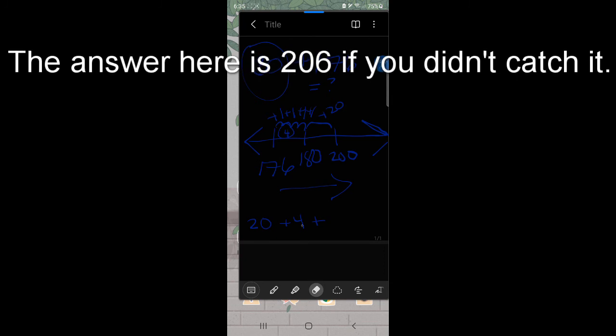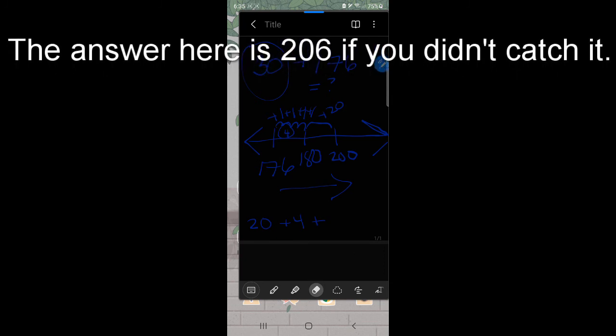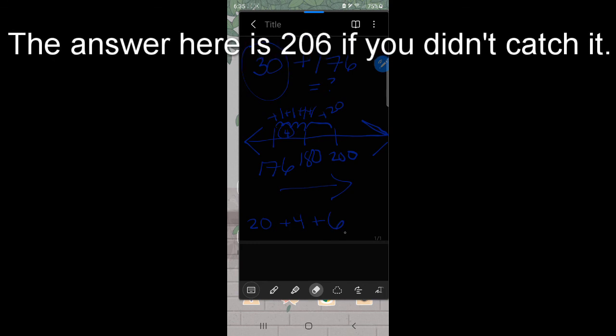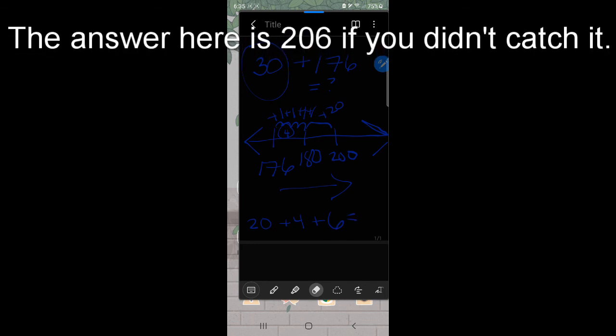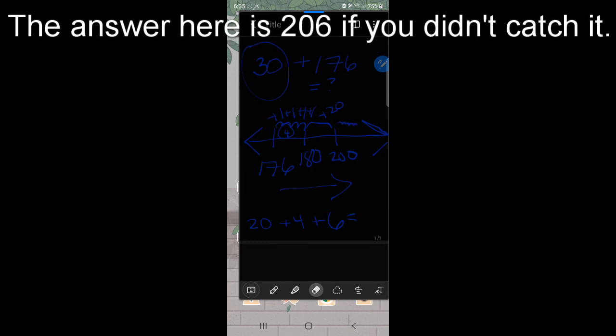Now I know that 24 and 6 are going to give me 30. So I just need to add 6 more to get my answer. That is 1, 2, 3, 4, 5, 6. That's 6 ones here, all the way to 206. And 206 is our final answer.